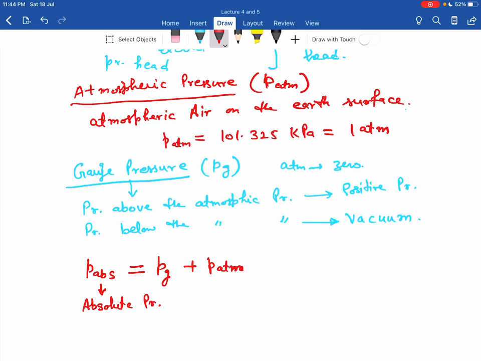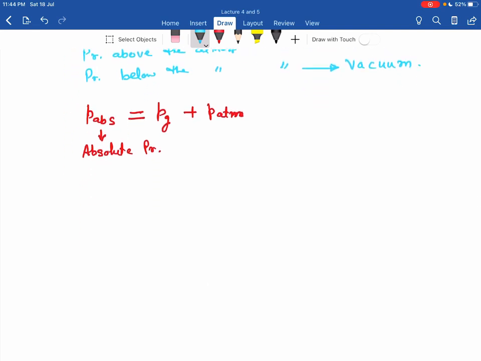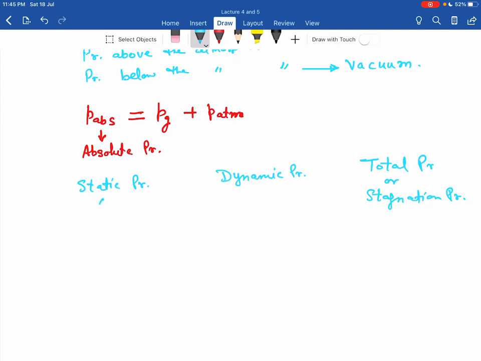Gauge pressure plus atmospheric pressure is absolute pressure. Now we have three more types of pressures: one we call static pressure, another is the dynamic pressure, and the third is the total pressure, which we also call stagnation pressure. The symbols are PS, PD and PT.